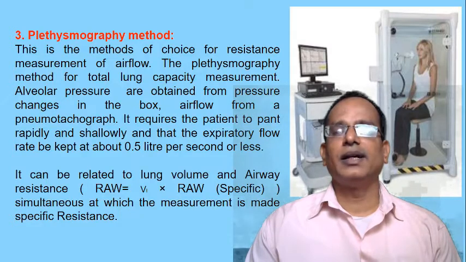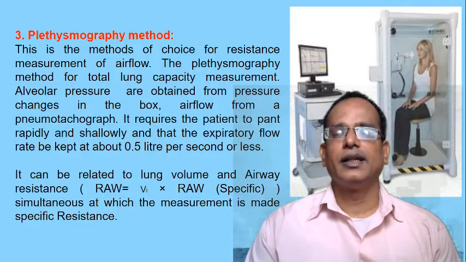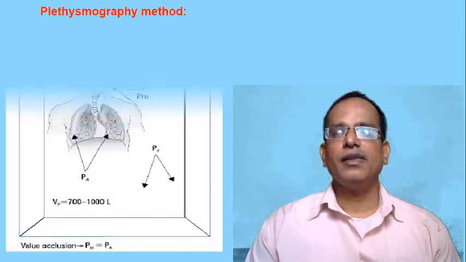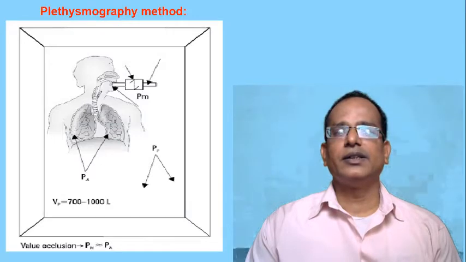One is lung volume as well as airway resistance, at which the measurement is made with the specific resistance. So here we are going to see the plethysmography method, how they find out the airflow resistance. Here they are inside the chamber, and they are asked to pant.